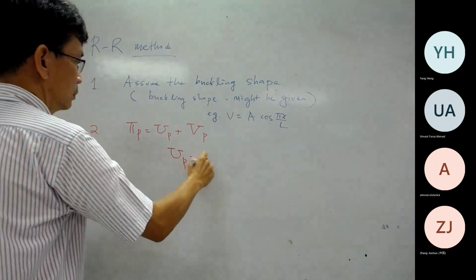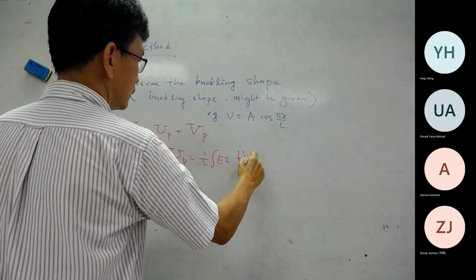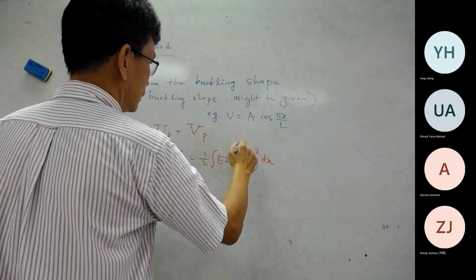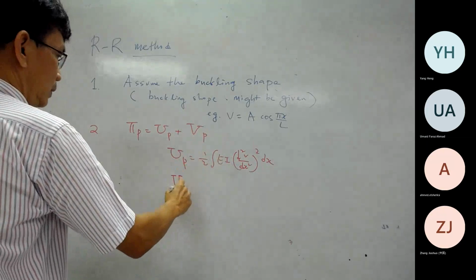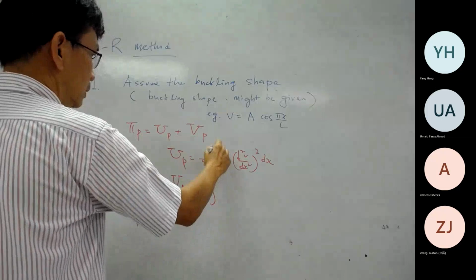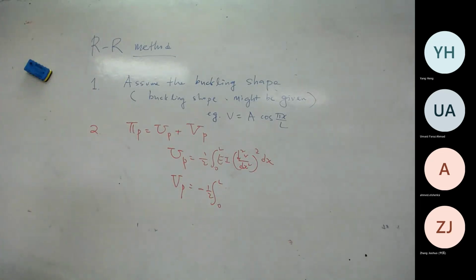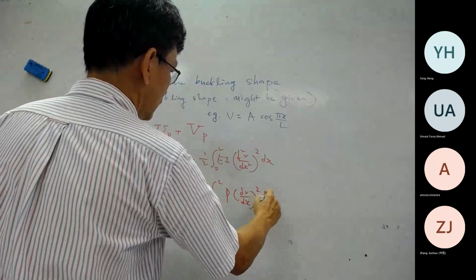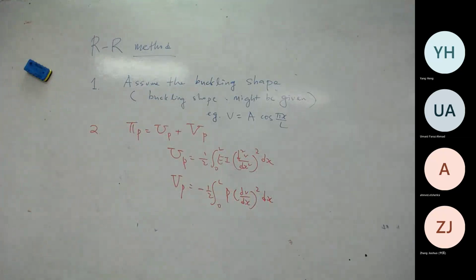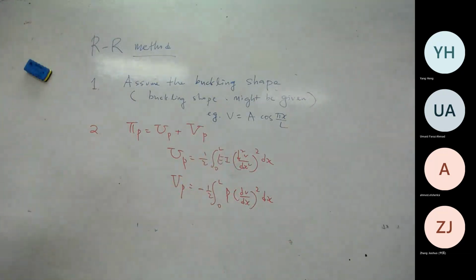And the UP here will be half EI, integrate 0 to L. If EI is constant, then you just take it out, and then VP will be, don't forget, negative, integrate 0 to L. So this basic one, don't forget, okay? Negative half P dv dx squared, and half EI d2v dx2 squared.